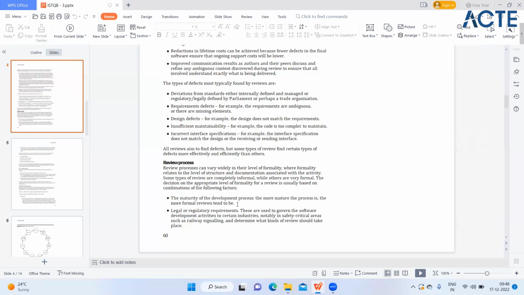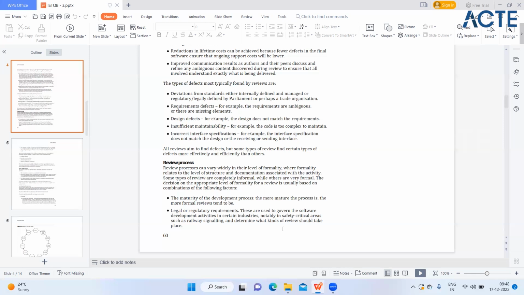Okay. Now, legal or regulatory requirements. These are used to govern the software development activities in certain industries, notably in safety critical areas such as railway signaling, and determine what kinds of review should take place. So they are saying it depends on the type of application and type of work as well.